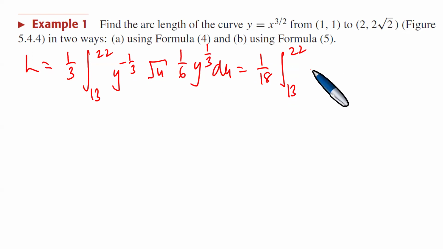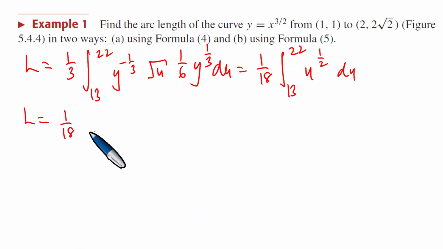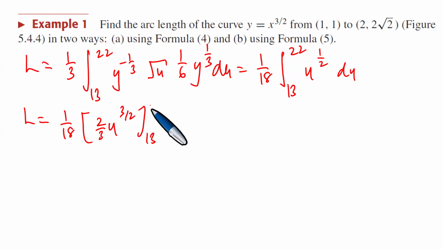This cancels. U to 1/2 du. Like that. So now, what is the arc length? 1 out of 18, and then we find the integral of this, which is 2/3 u to the power 3/2, from 13 to 22. You take out the constant, it becomes 2 times 1 out of 18, giving us 1 out of 9 times 3, 1 out of 27.